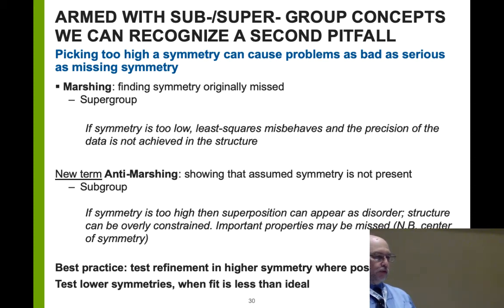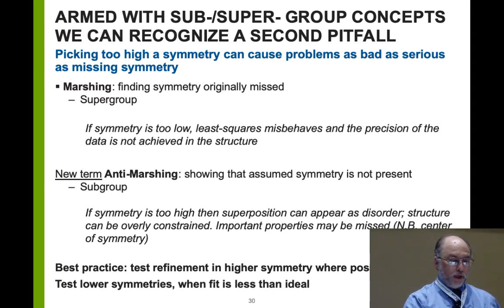We're very interested, for example, in things that are not centrosymmetric because they're optically active or they're magnetically interesting or they're thermoelectrically important. So it's important to get it right. And the best practice when we're doing crystallography is that we should be testing, is there higher symmetry? And we should be testing for lower symmetry. And unfortunately, that's not so easy.